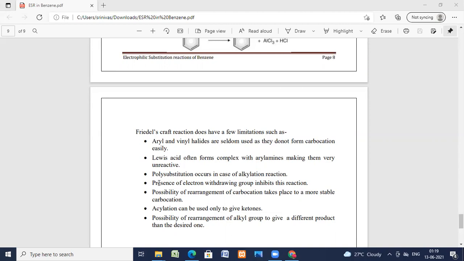Benzene was labeled with deuterium and nitrated, and the rate of nitration was determined. It was observed that the rate of nitration of deuterated benzene and ordinary benzene was almost the same. Hence, we can conclude that there is no isotopic effect in aromatic substitution.